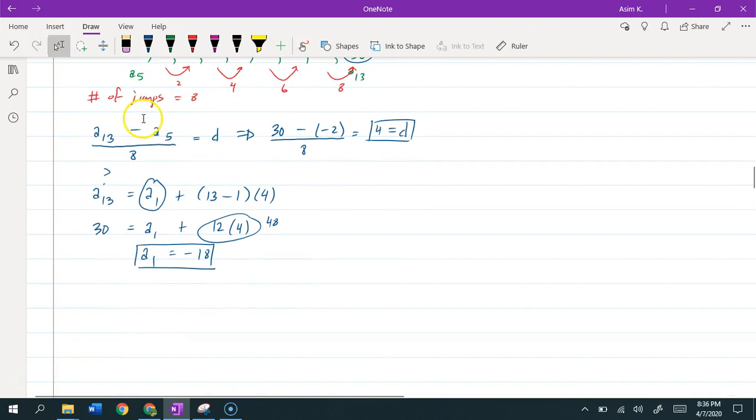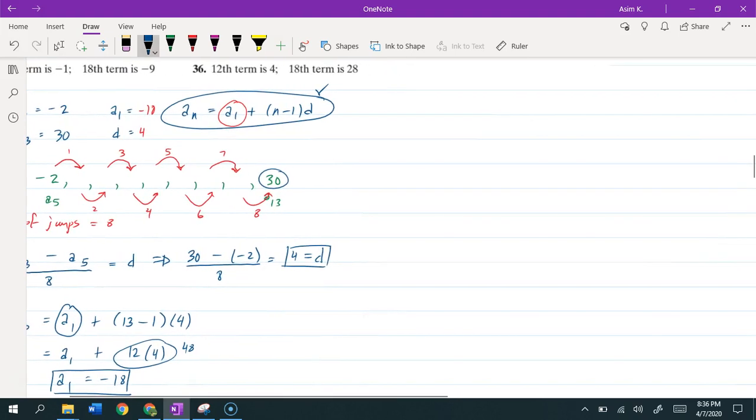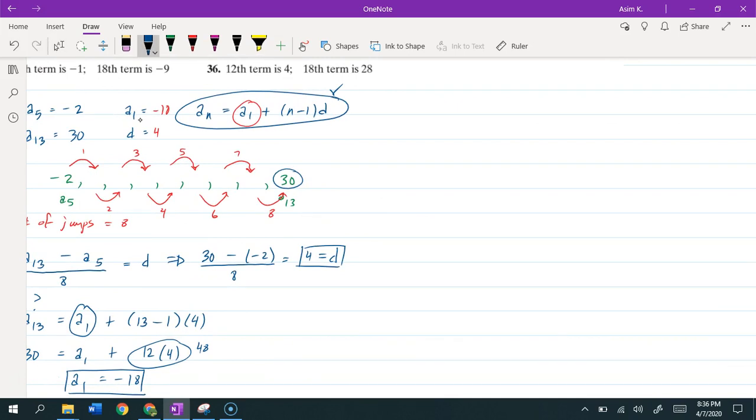So now we've got two pieces of information. We've got not only the common difference, we've also got the first term working for us as well. All right. Now the next thing that the question asked us to do was to form the recursive formula. But before we do the recursive formula, why not just write down the nth term formula, because we essentially have it manufactured.